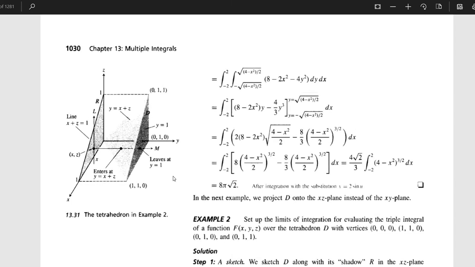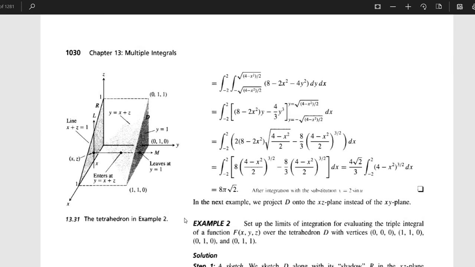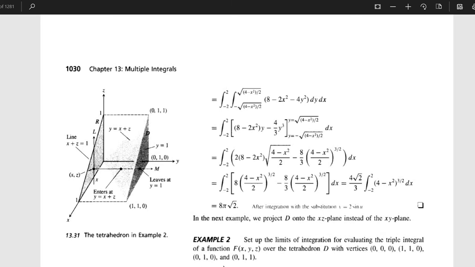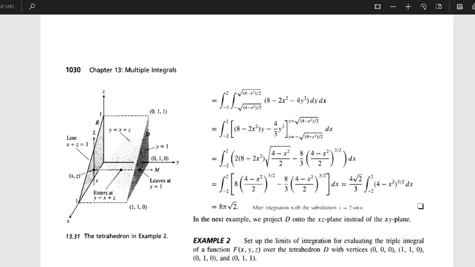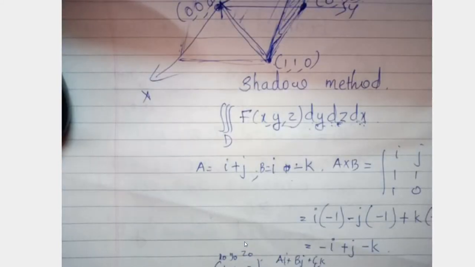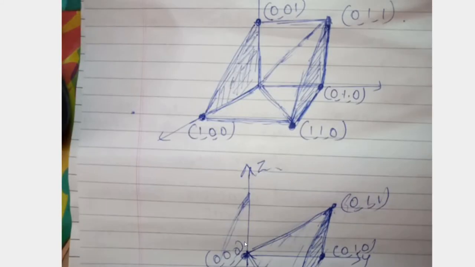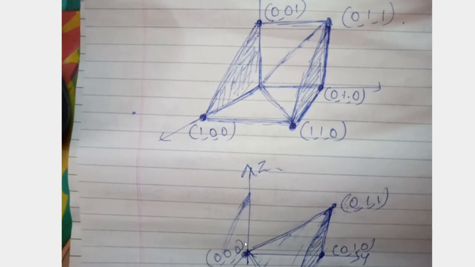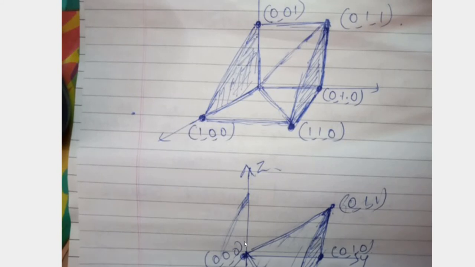This is our region, right? Draw a line from this. This is the region, line M, and this line reaches the region at this point.